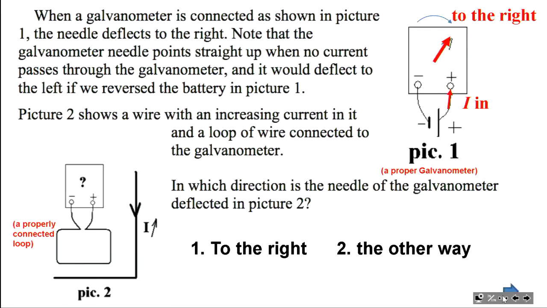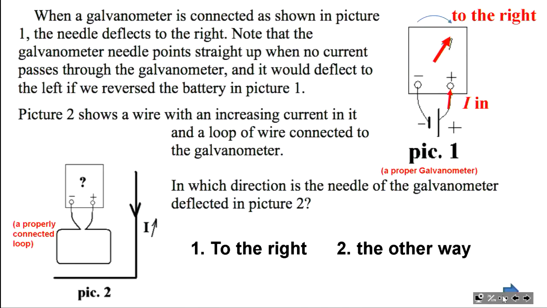For a proper galvanometer, if a positive electrode is attached to a plus, it should deflect to the right, which means electric current travels into the positive electrode of the galvanometer. But now we can use this backwards. If we see that it deflected to the right, that means electric current travels into the positive.